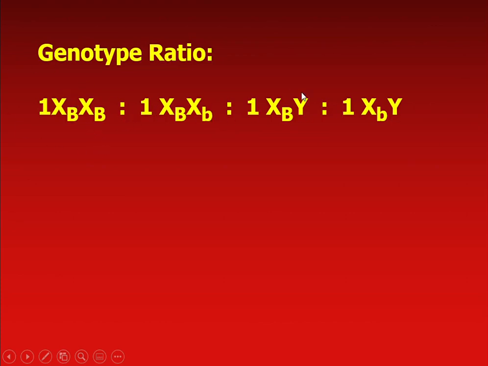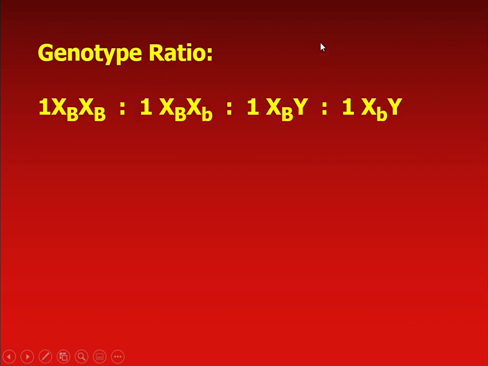Because you've got the B's here, when you look at the male here, there's only one B. So I can't even say that there's two versions of this one, because it's only one B here. Same with the colorblind male here. He only has one small b. So that is why each of them is individually unique based on the ratio. So generally with these X-linked ones, a lot of the times you will get one of each of them.